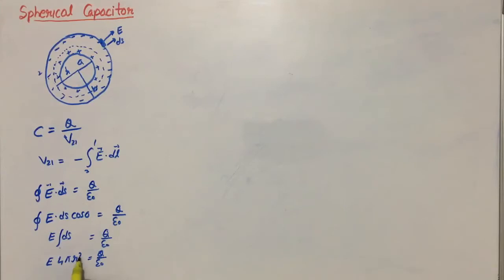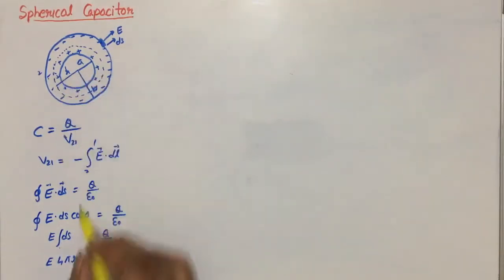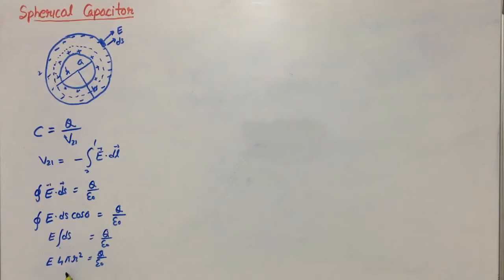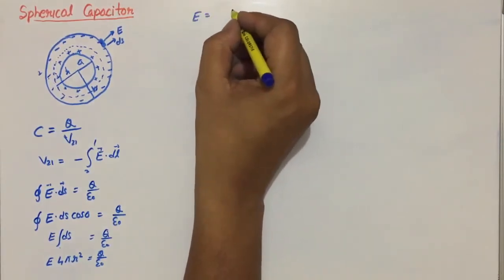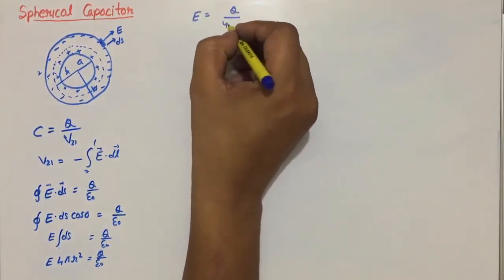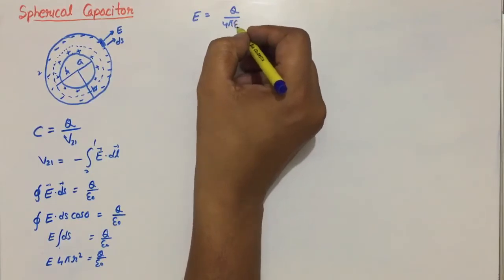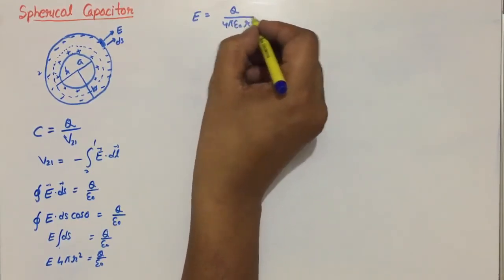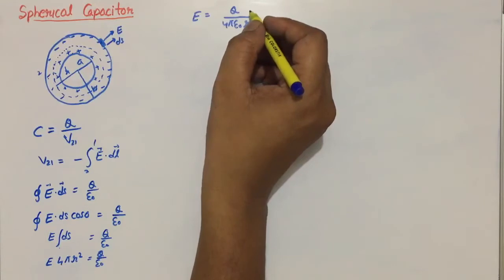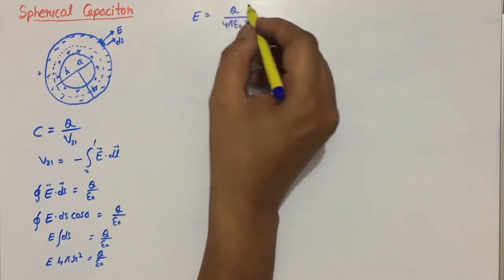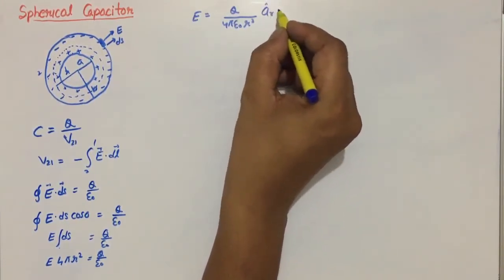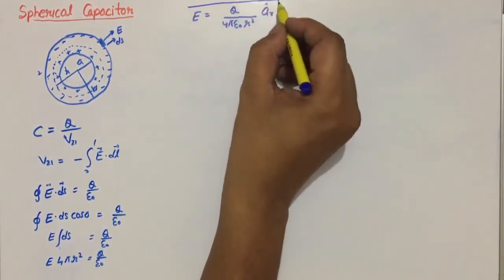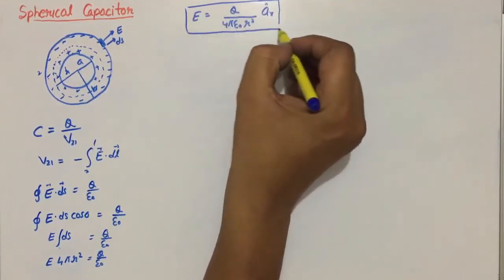Hopefully it is clear: that is the radius of the Gaussian surface and the surface area of that Gaussian sphere. So from here E will be q by 4 pi epsilon naught r square after the simplification, in the direction of the radial vector. So this is our electric field, we know this.